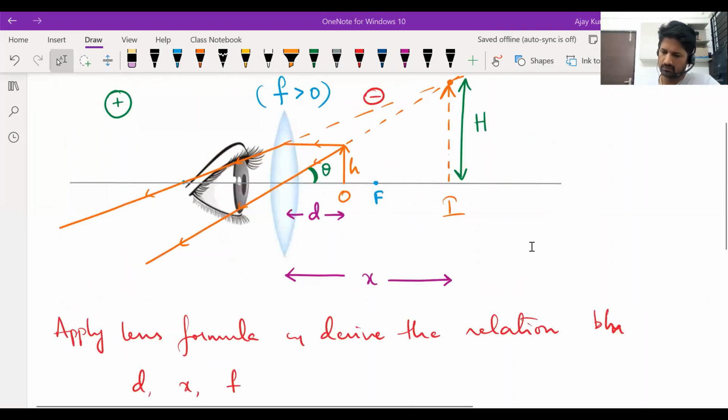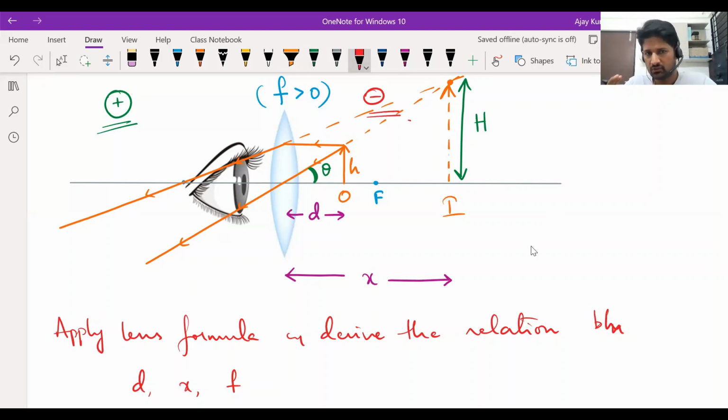See, d and x here are just distances, magnitudes. First, you can see on which side the object is, which way the rays are traveling. And the positive and negative have also been marked in the diagram. Any distance to the left of the lens is taken positive. Any distance to the right is taken negative.